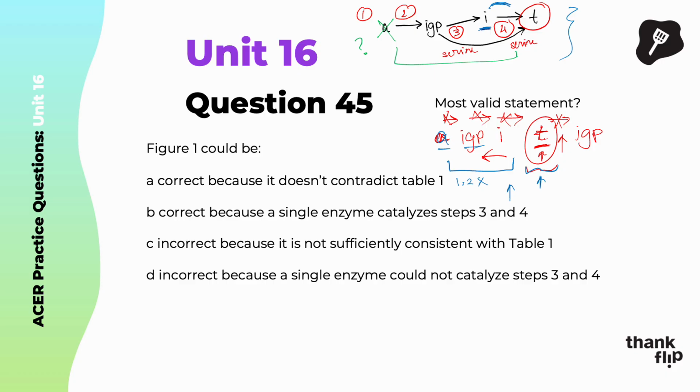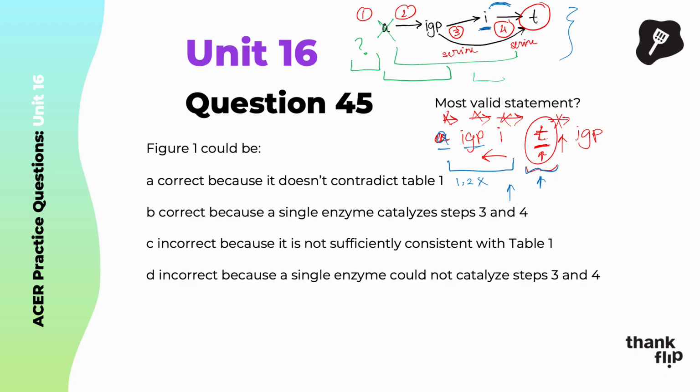So that means that it's probably a defect in step 1. And so we can see that A and IgP are probably higher up compared to I. Basically what we're trying to see is whether the figure contradicts anything that's given on the table.